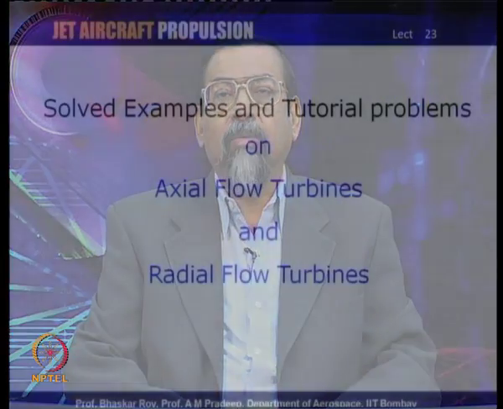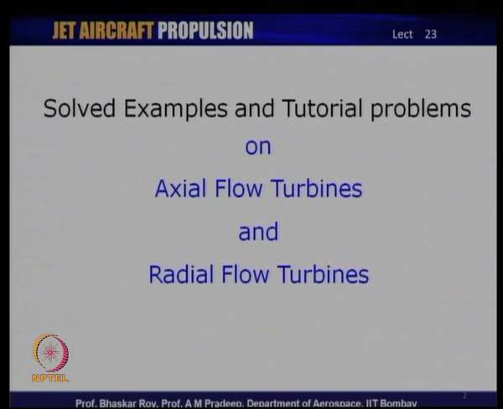So, in today's class, we do the tutorials, solved examples and tutorial problems on axial and radial flow turbines. Now, the radial and axial flow turbine that we have done, we know are slightly different kinds of turbines, even though they do the same kind of job basically, that they perform work.